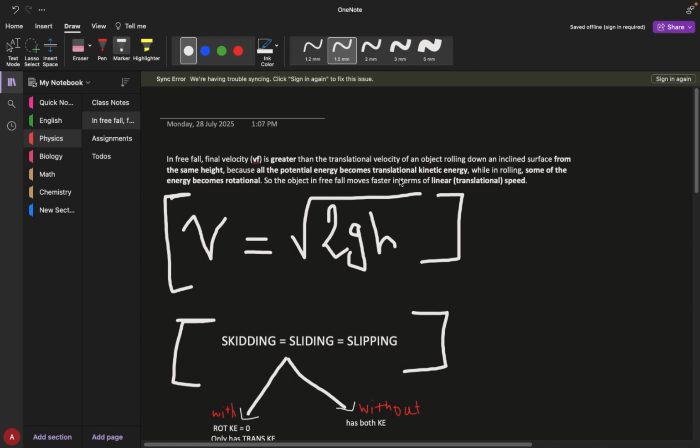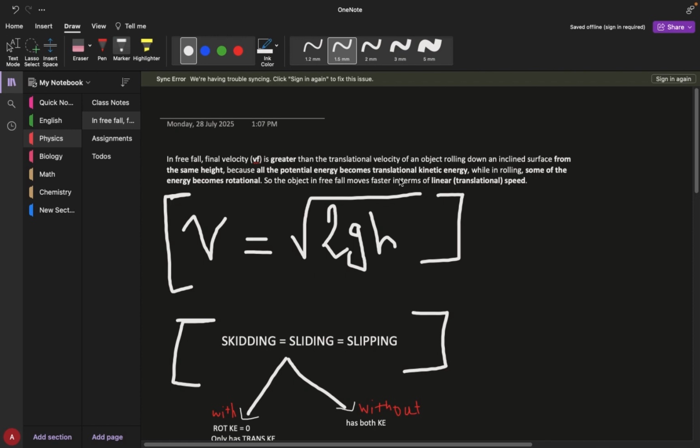That is the reason in free fall, physics-wise. I mathematically showed you why the translational speed for free fall is going to be more, and it's going to reach the bottom in less time. Guys, that is very, very important. You have to know that. For the love of God, do not go into physics without knowing that.